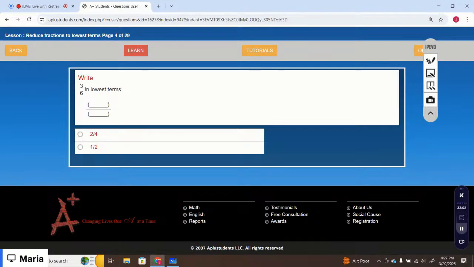No one is answering the questions. Why? Write 3 by 6 in lowest term. So which is the correct option?